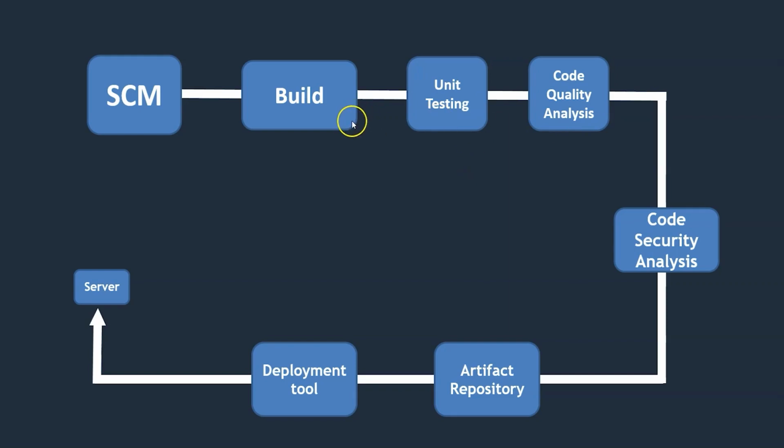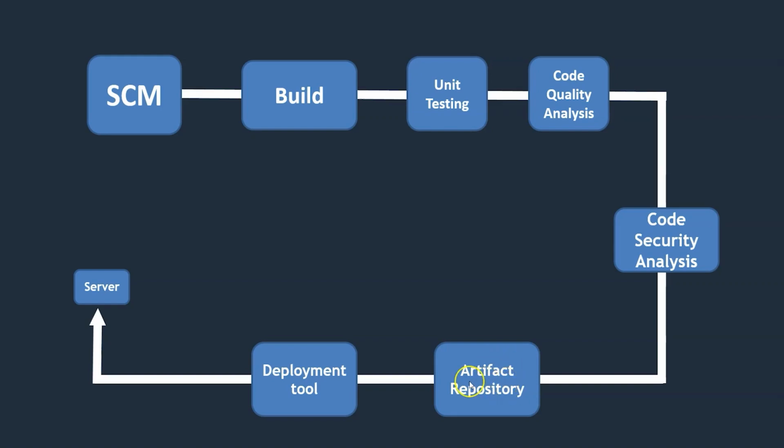Once this is done, if our build is successful, it is going to create artifacts. Artifacts are nothing but the outcome of our code compilation. If it is Java code, we build war or jar files as the outcome. If it is .NET, we get .exe files. Like that, depending on what kind of code you are building, the outcome artifacts may vary.